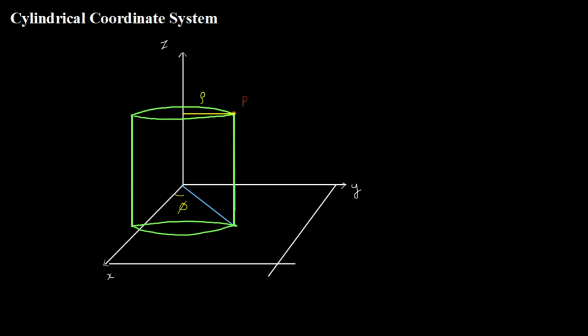To precisely locate this point P, I should know its distance from the xy plane. That is nothing but the height of the cylinder, which I notate as z. So these three parameters, rho, phi and z, will help me to locate this point P in the cylindrical coordinate system.